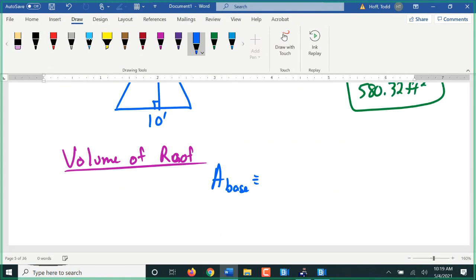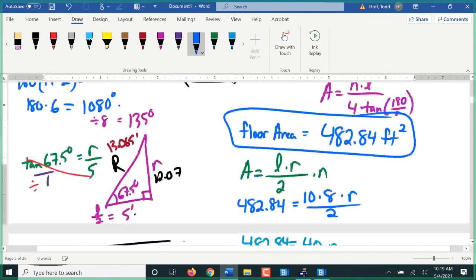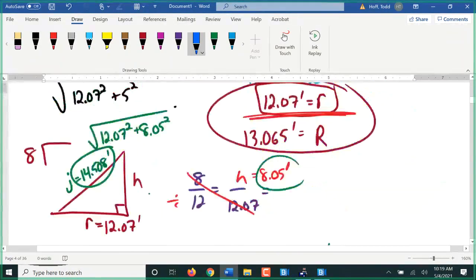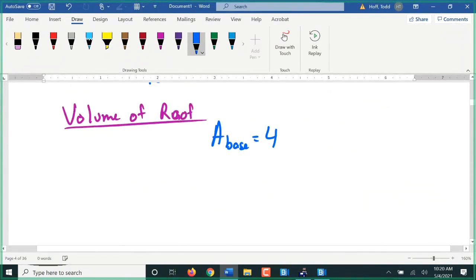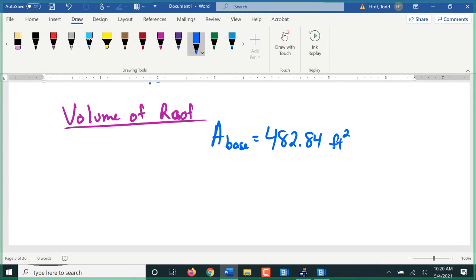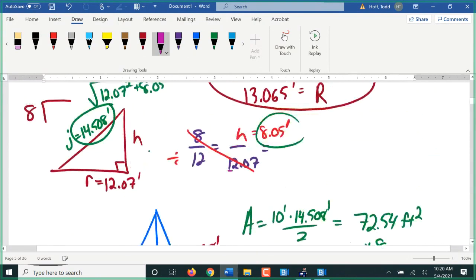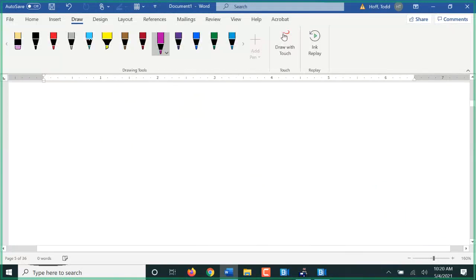We found that up here. The floor area, 482.84 square feet of area. We found the height was the 8.05 feet here.